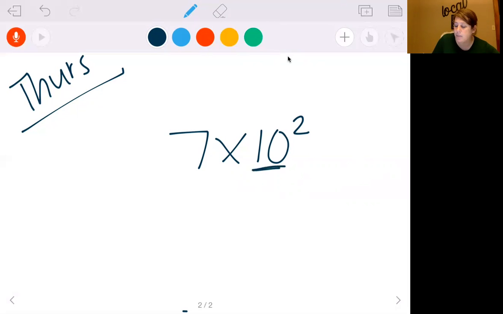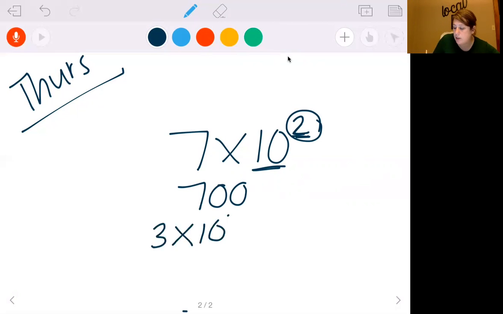That 10 and the squared, that tells me there's 2 zeros. So I get 700. So basically I'm doing 7 and then how many zeros that exponent tells me. If we had 3 times 10 to the third, I would put my 3, and this 3 tells me there's 3 zeros, so it would equal 3,000.